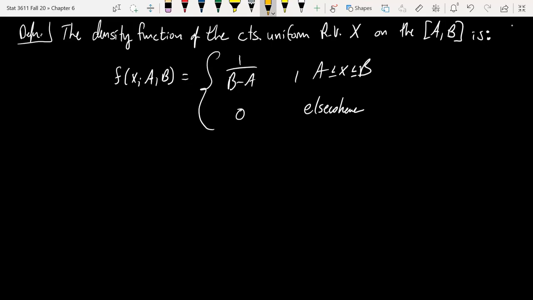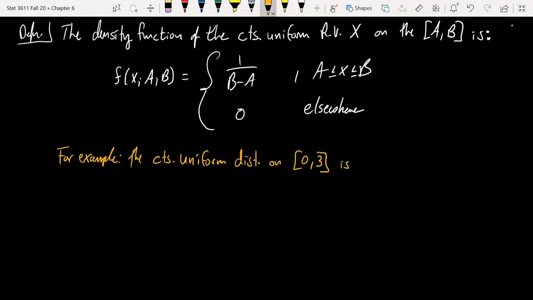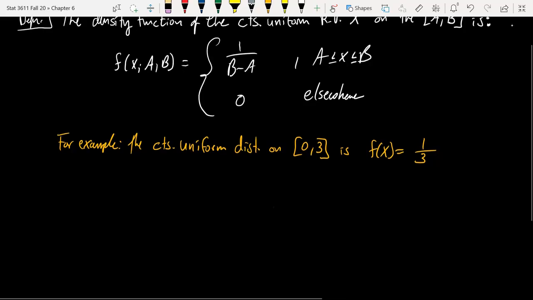So for example, the continuous uniform distribution on the interval from, say, 0 to 3 would be f of x equals 1 over 3 minus 0, which is just 1/3.